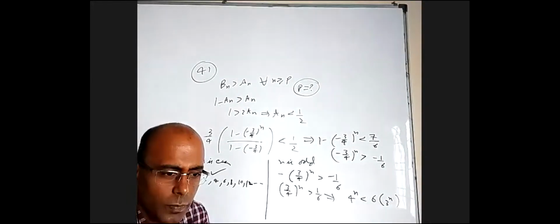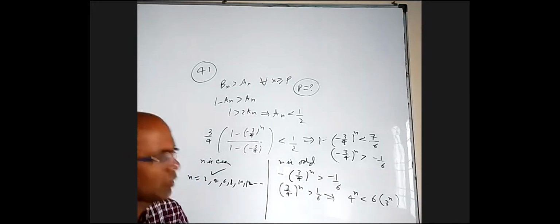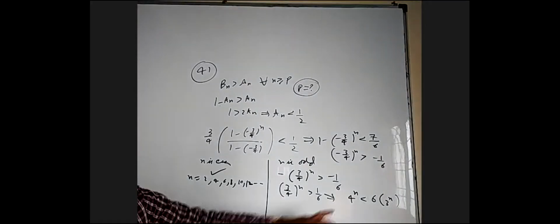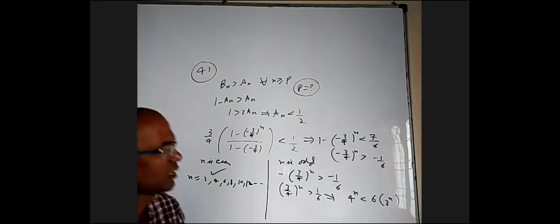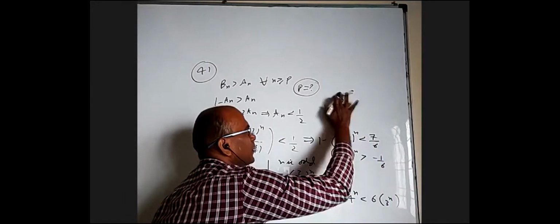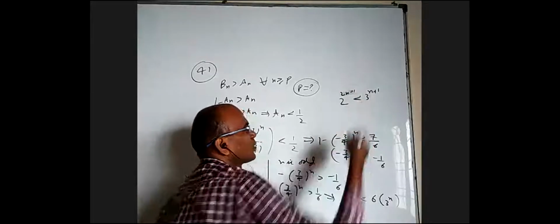After that, 4 can be written as 2 power 2n. Still you have to take n and compare. You get 2 power 2n minus 1 is less than 3 power n plus 1.